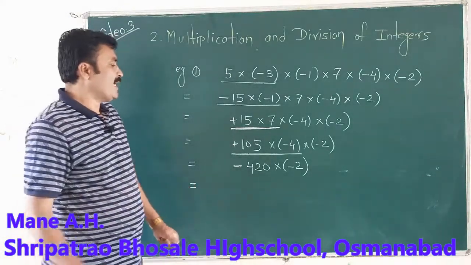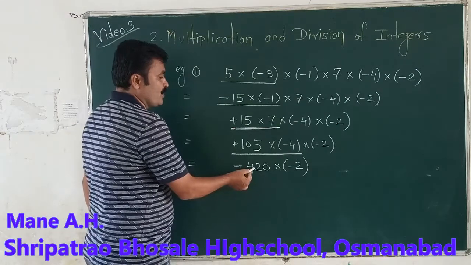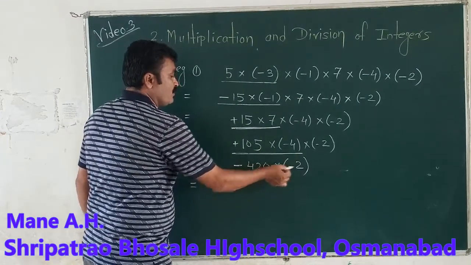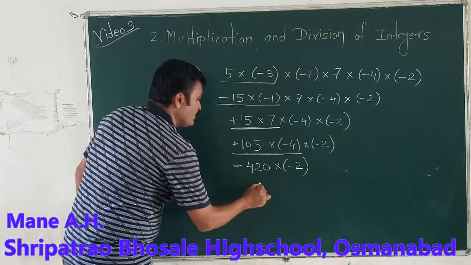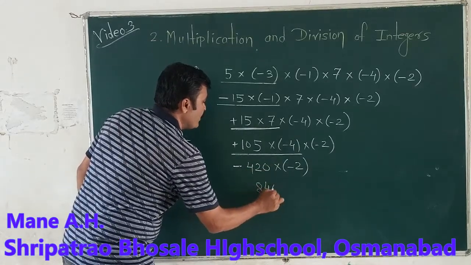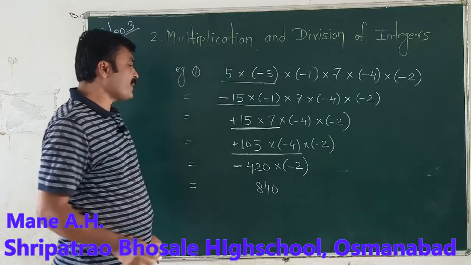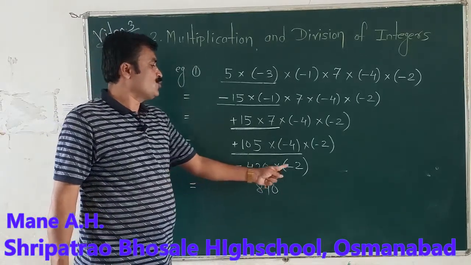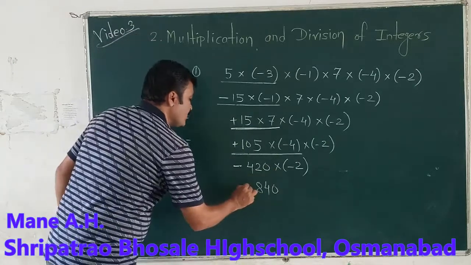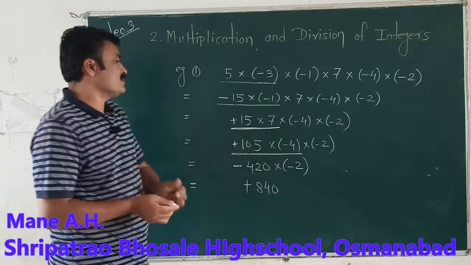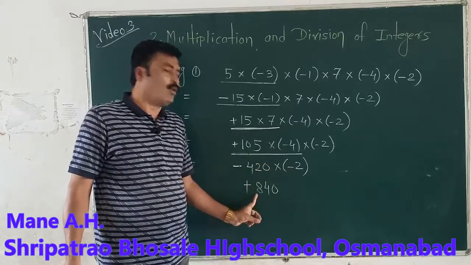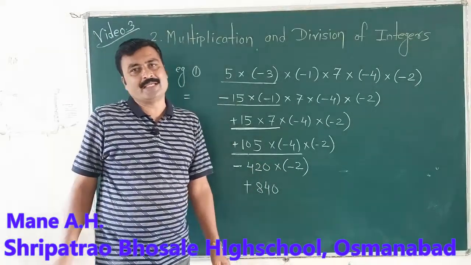First we take the product of their magnitudes. 420 and 2, the product of these two magnitudes, I think comes as 840. Thereafter the signs, minus into minus always gets plus. That means the product of two negative integers is always a positive integer.